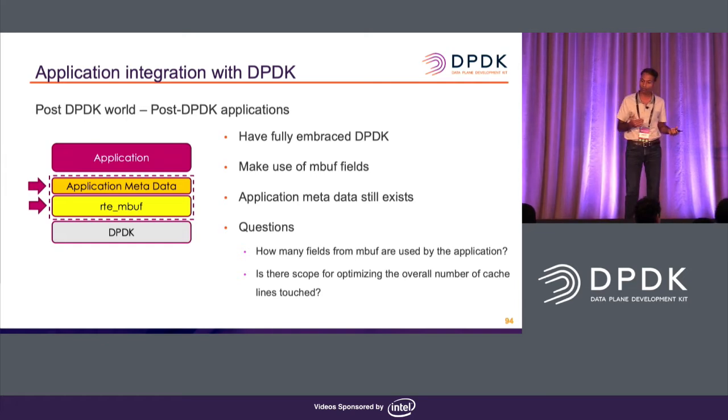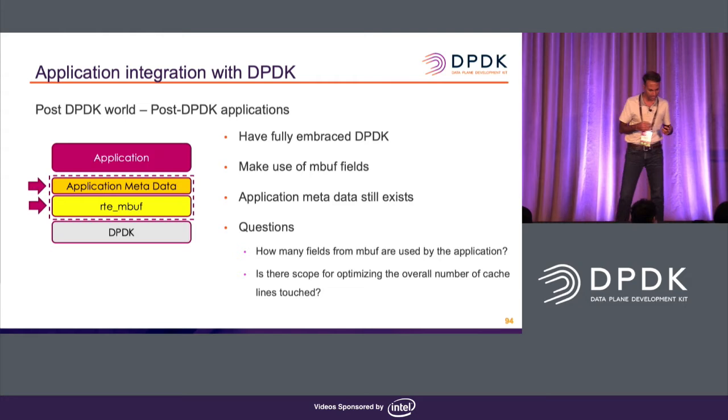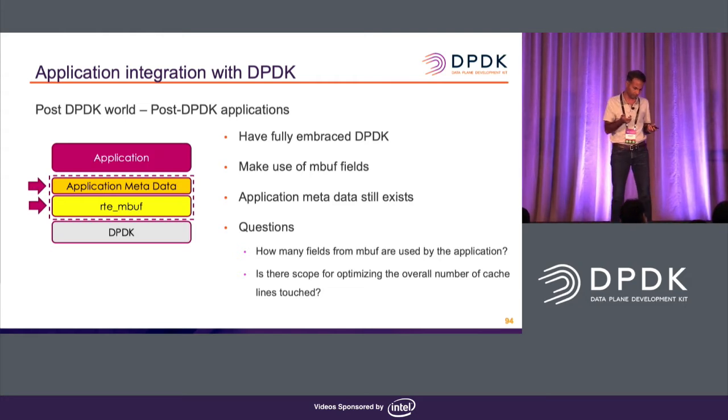The fewer cache lines you touch, the better the performance. And I feel that if the metadata in total is packed closely, you can make much better use of vector instructions, is my opinion. Okay, so I think we are fine here.